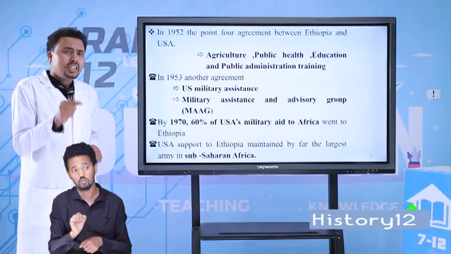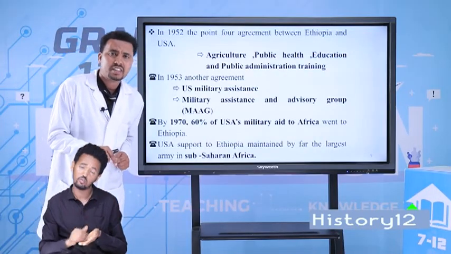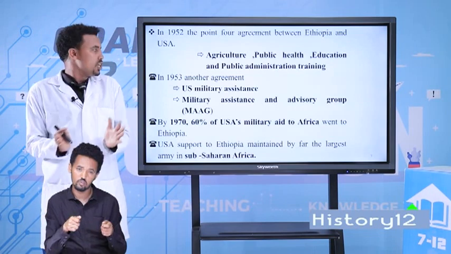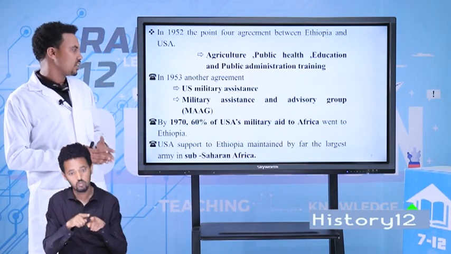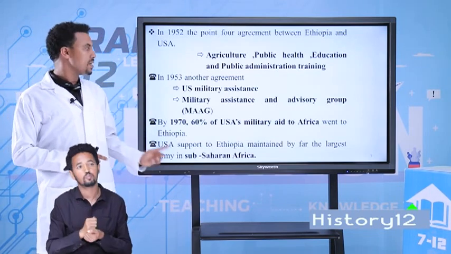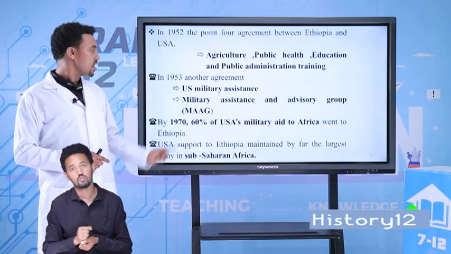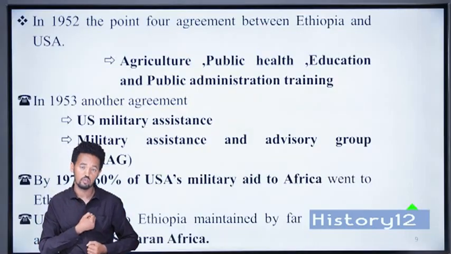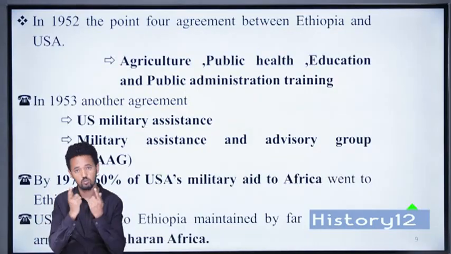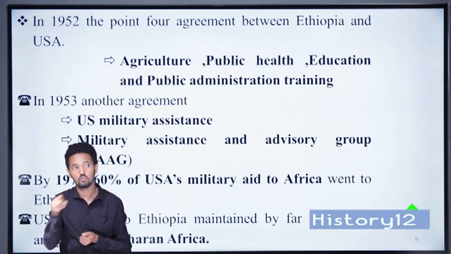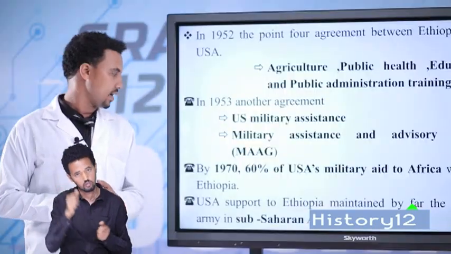Again, in 1953, another agreement between Ethiopia and the USA. This agreement includes U.S. military assistance, first one, the Military Assistance and Advisory Group, MAAG. Those are the agreements of Emperor Haile Selassie with America.